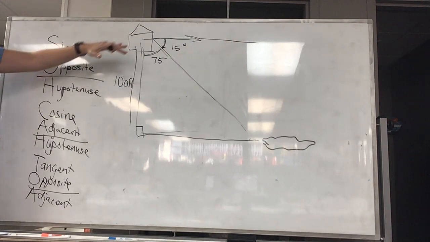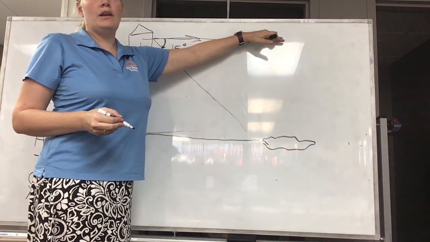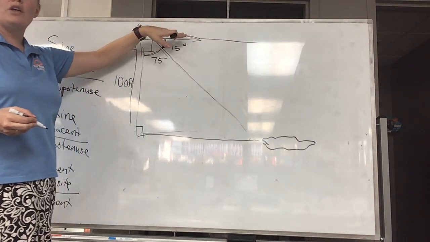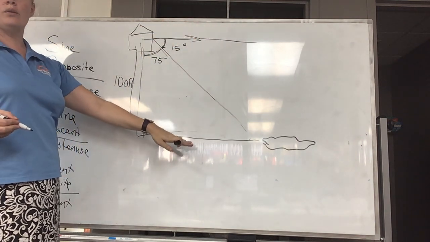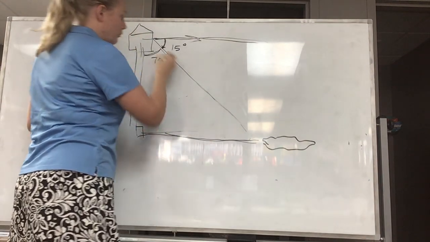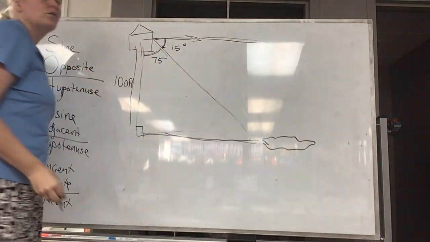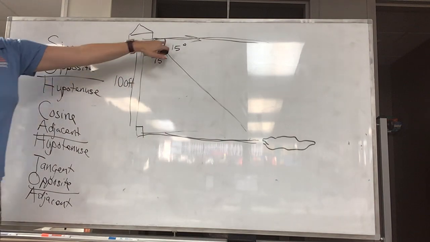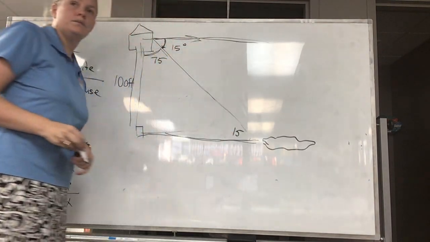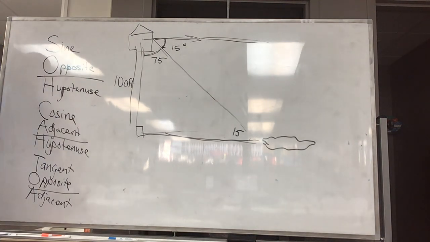Or you can say the line of looking out is straight across or horizontal, the same as the ground. We have a parallel line cut by the transversal of the vision line. This is 15, this is also 15. Whichever one makes more sense for you to find that angle, stick with that. They're both equally correct.